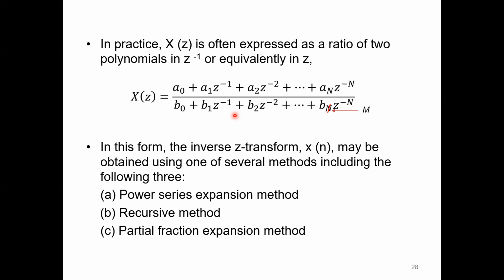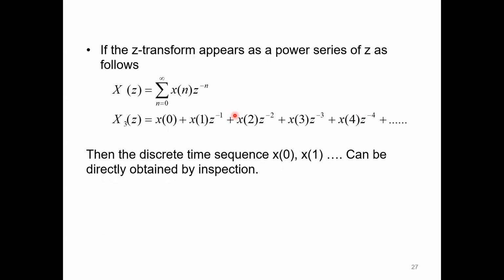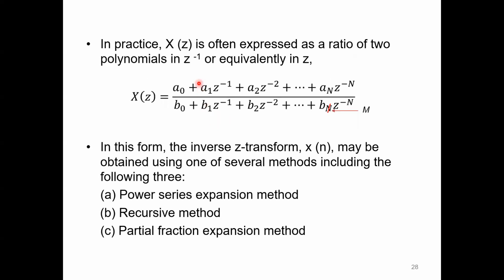Now, but most of the time, you don't get your Z transform like this. When you do various operations in the Z world, more often you get your Z transform, which is ready to be inversely transformed to the time domain, in this format. What is it? It's not a polynomial, but it's a rational polynomial.